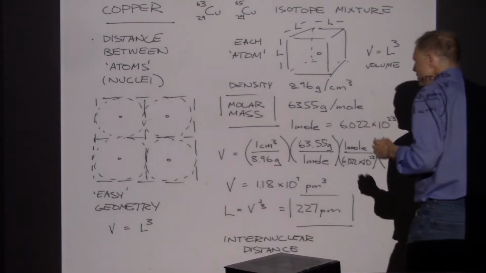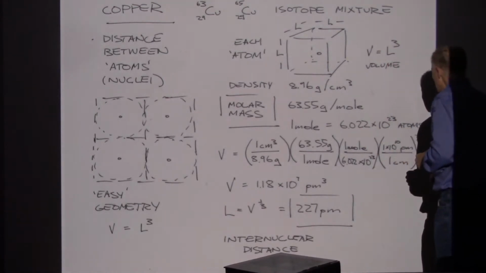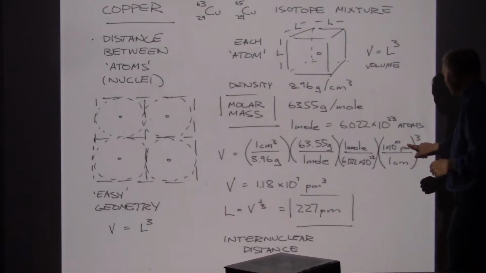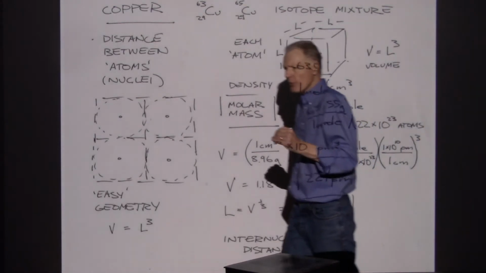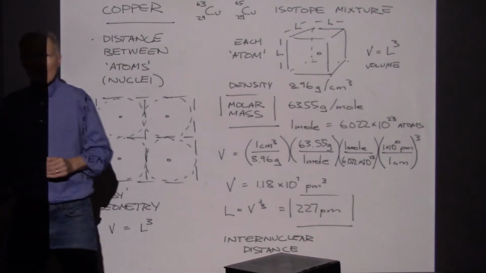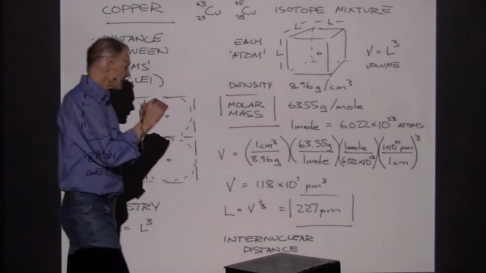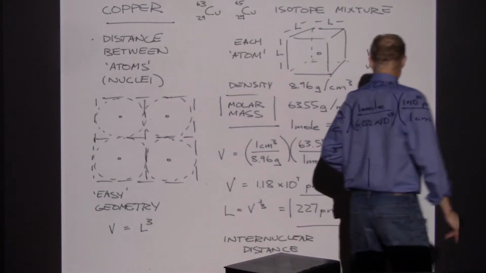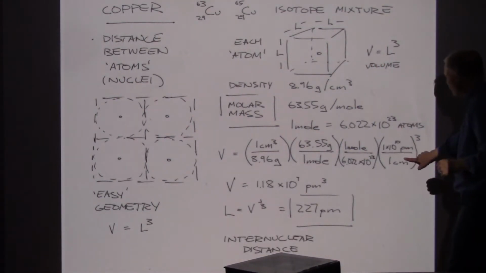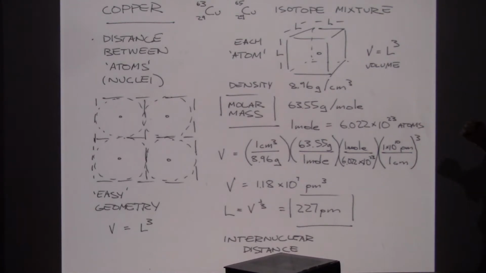Now, centimeters seemed big to me, so I went ahead and did a conversion down into picometers. Picometers are 10 to the minus 12 meters, and picometers are handy to measure atoms and molecules. It turns out that's a good unit to characterize the size of atoms and molecules. Now, centimeters are 10 to the minus 2 meters.